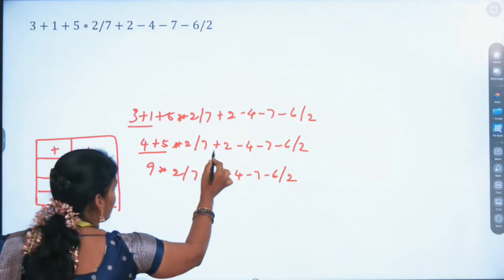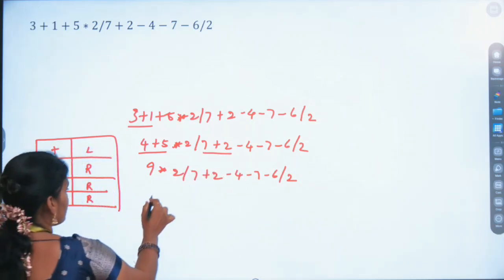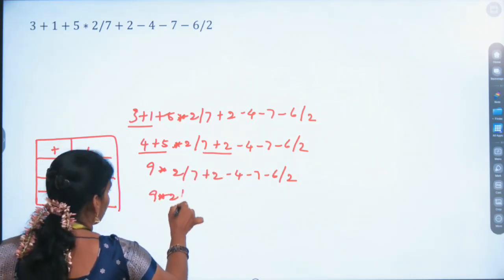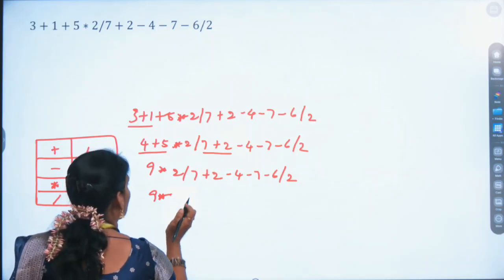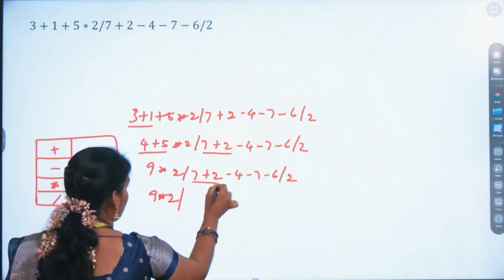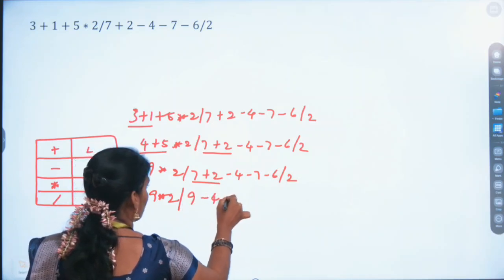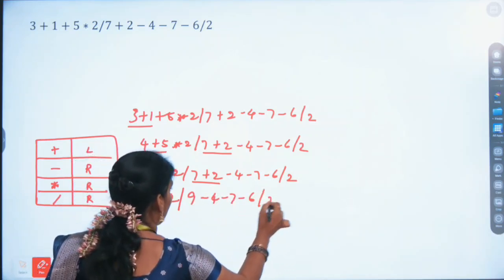Next again we have the plus operator. So 9 into 2 divided by, 7 plus 2 is 9, minus 4, minus 7, minus 6 by 2.